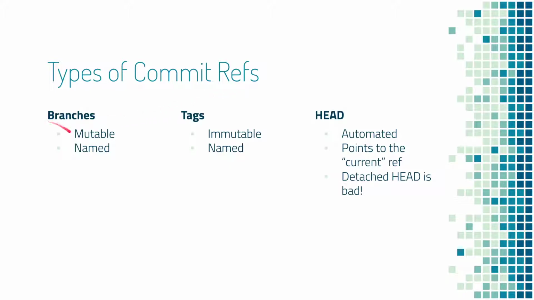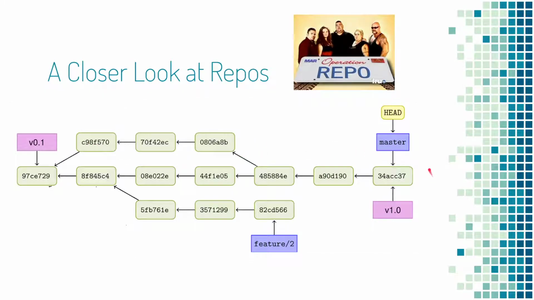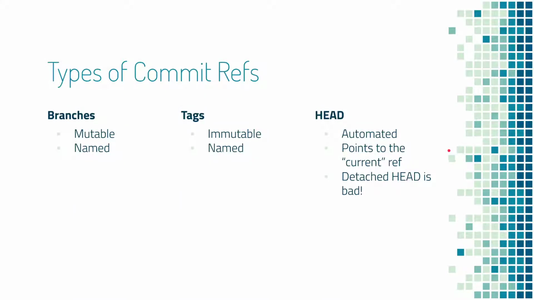So branches are mutable, which means they can be moved. Say if we added a new commit right here, you would end up moving master forward to that commit. So it can be moved, it can be changed. And a branch is also named, as I said. The biggest difference is that tags are immutable.